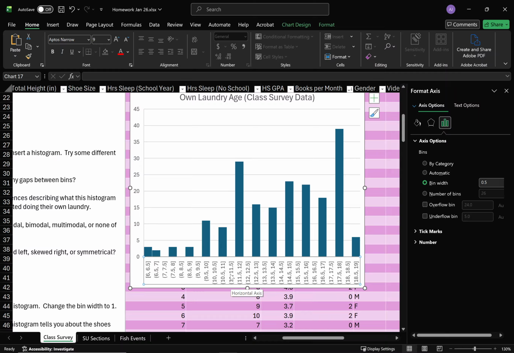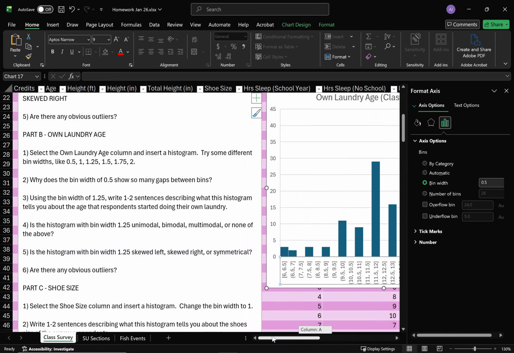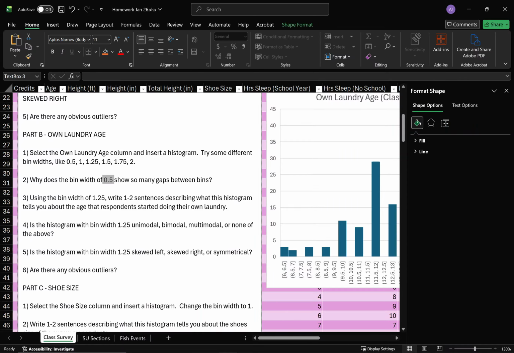But everybody who answered this survey put a whole integer for their answer, so there's nobody in this bin. It's explained by the fact that everyone gave whole numbers, and we set the bin width to be less than a whole number. So it's showing the gaps between the whole numbers.